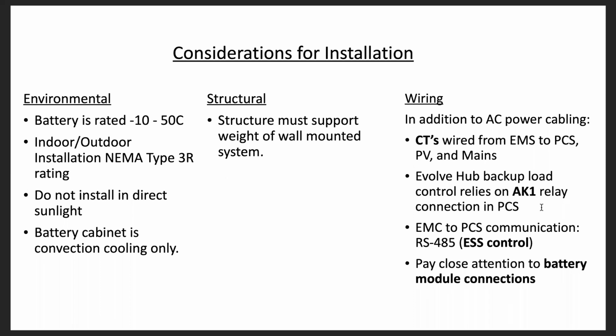We'll look at some of that in the coming slides. The EMC to PCS communication is also another control wire that you've got to take into consideration. The wires that come provided with the system for that purpose are also rated at 600 volts and can be included in the conductor conduit.